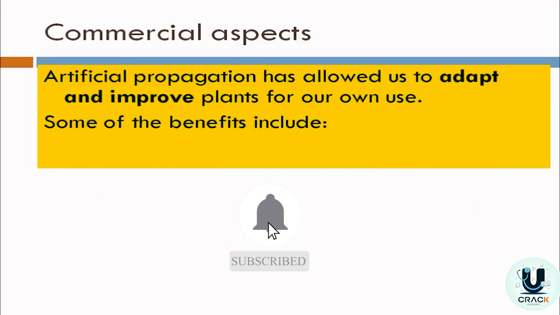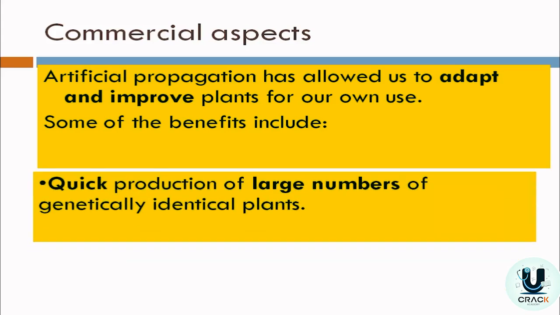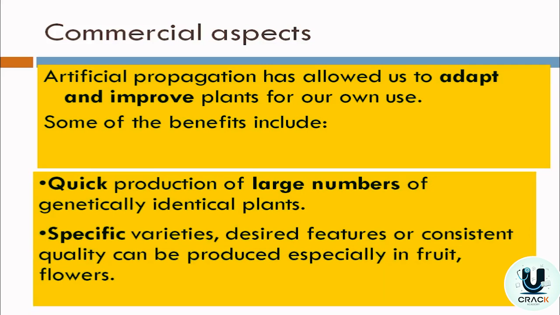Artificial propagation has allowed us to adapt and improve plants for our own use. Some of the benefits include quick production of large numbers of genetically identical plants, and specific desired features or consistent quality can be produced, especially in fruit and flowers.